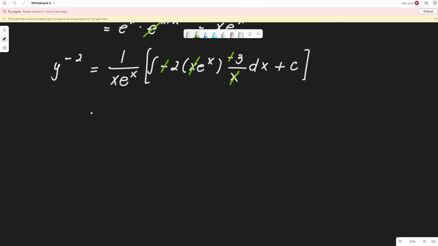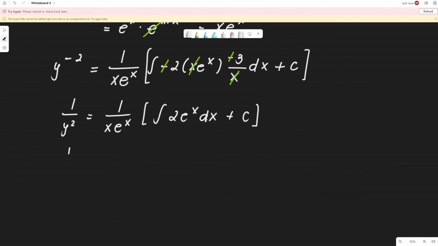So we'll have 1 over y squared is equal to 1 over x e raised to x, multiplied to the integral of 2 e raised to x dx. And we know that the integral of e raised to x dx is just e raised to x, plus c.